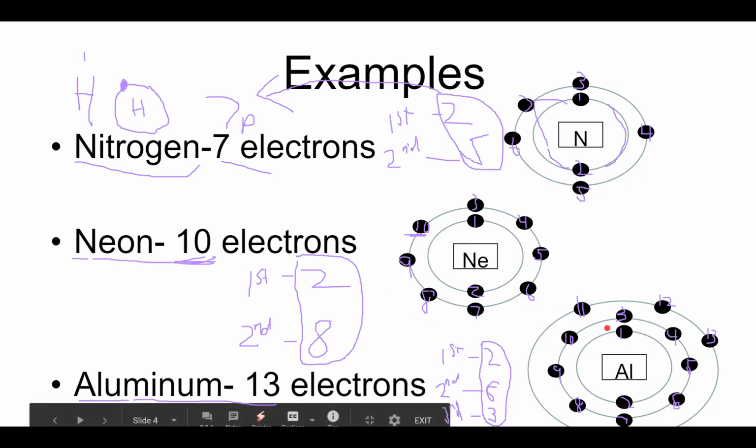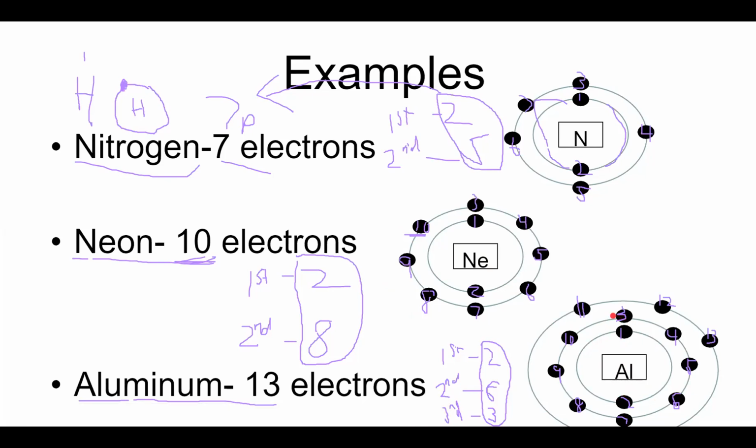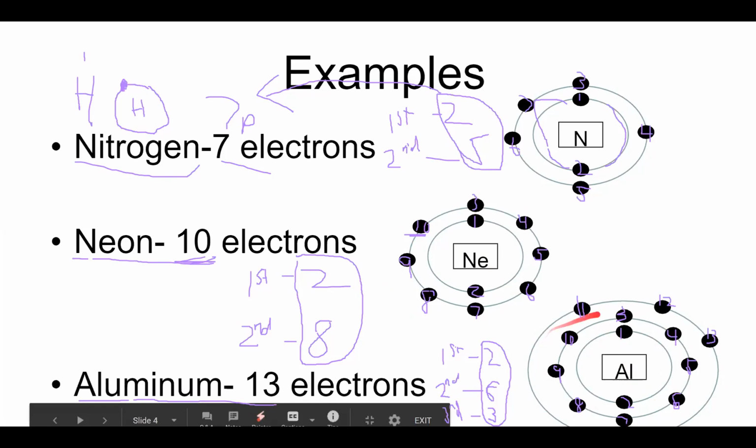In aluminum, the first level gets filled up with 2, so then we have to move to the second one. The second one gets filled up with 8, and only because it gets filled up with 8, then we move to the third shell and put those remaining 3 on there.